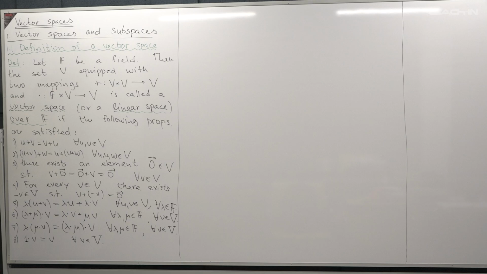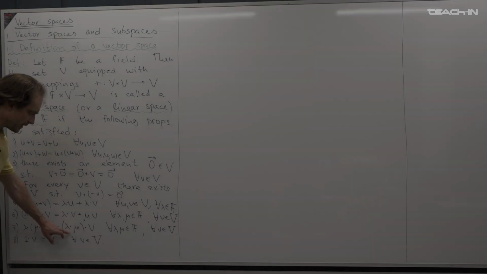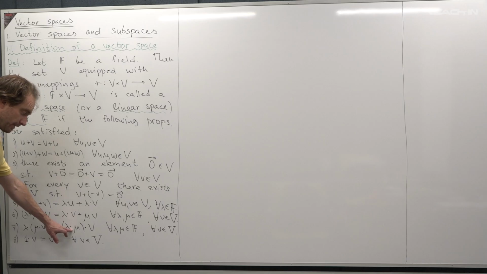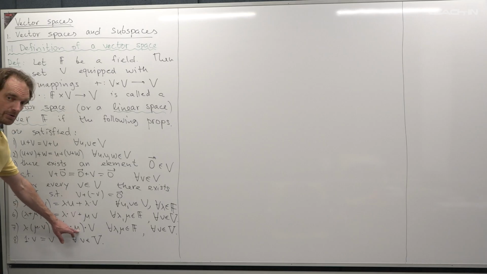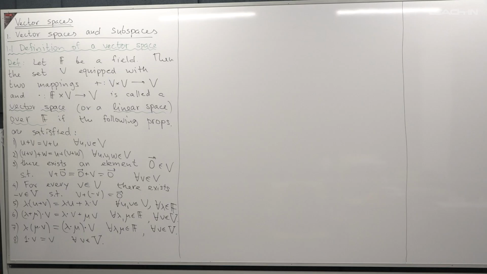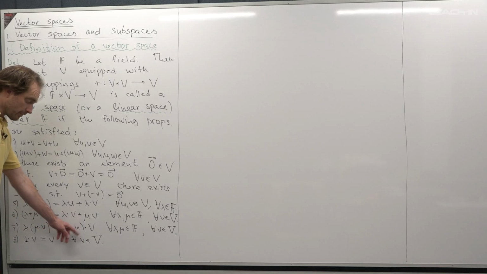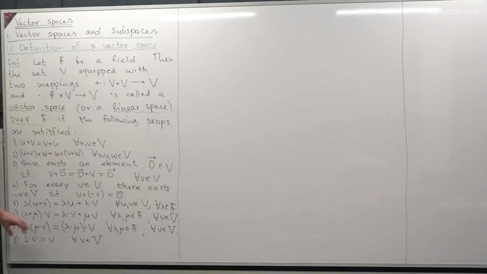And the same thing can be mentioned about property number 7, because here we also have 2 different multiplications. On the left-hand side we multiply the elements of the field: lambda is multiplied by mu. Both of them are elements of the field F, and we multiply the first of them by the second, and so we get an element from the field. And on the other side of this relation, we multiply a scalar, I mean the element of the field, by a vector, by the element of the vector space.